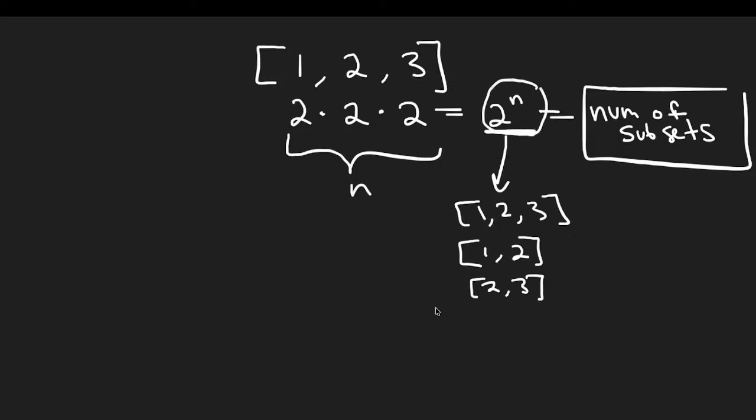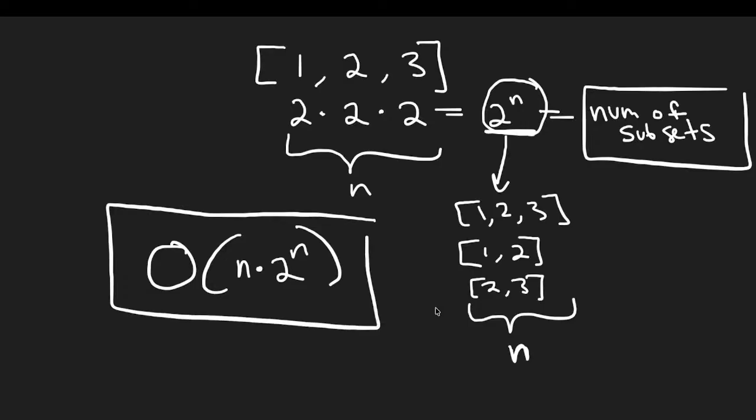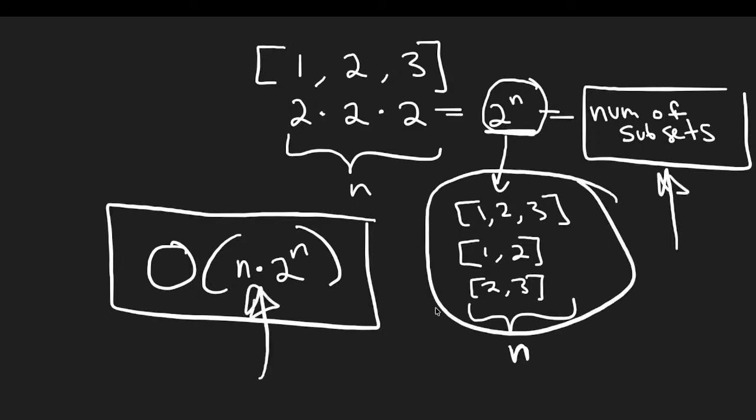We have this many subsets, and each subset could be up to length n. So the worst case time complexity of this problem is going to be n times 2 to the n, regardless of how efficient we make it. Because given the constraints of this problem, we don't want the number of subsets, we want the subsets themselves. We have to make it inefficient.